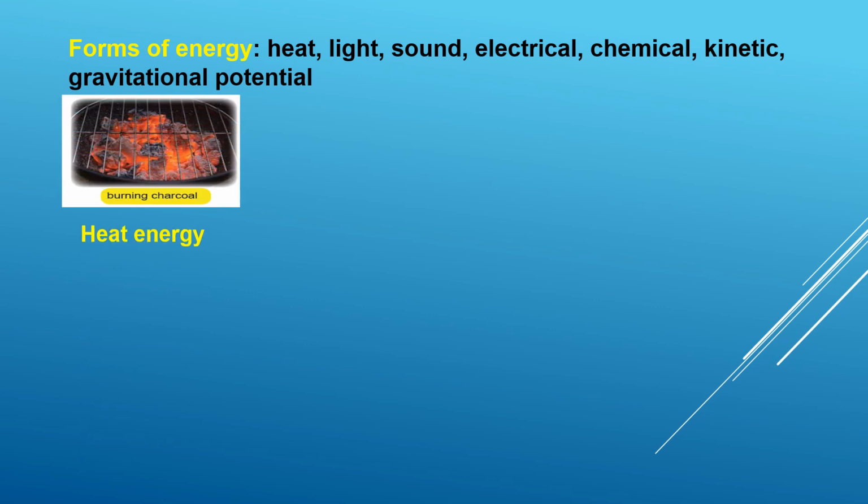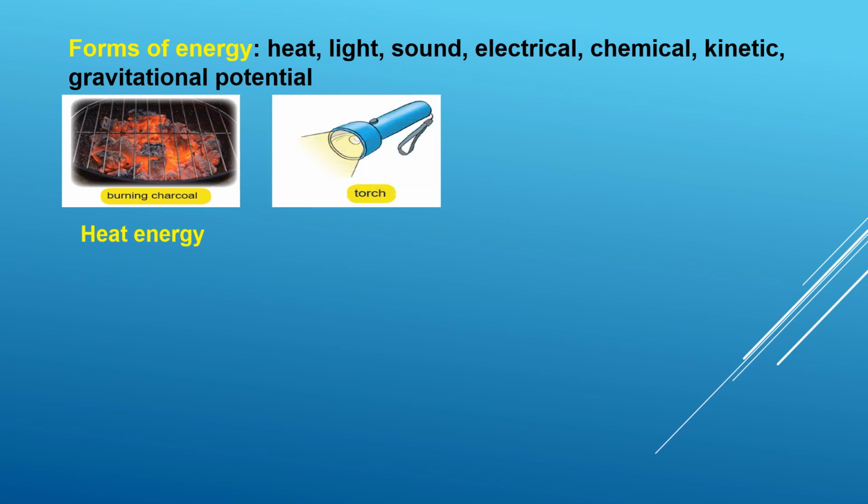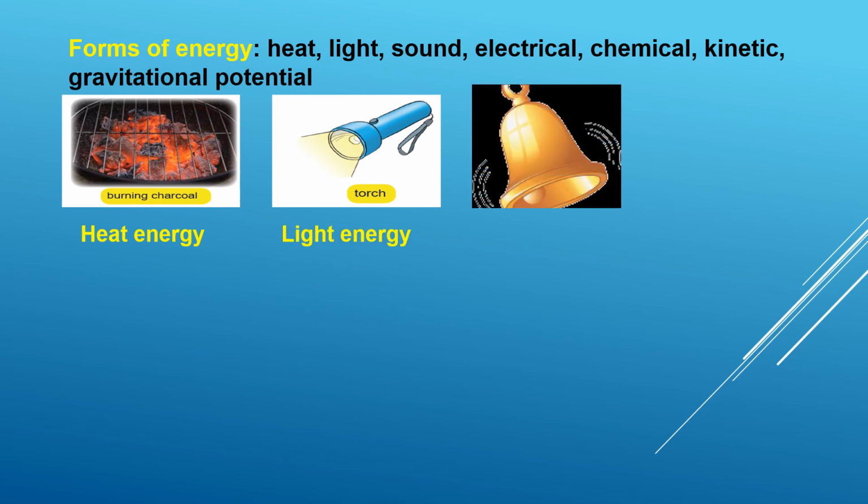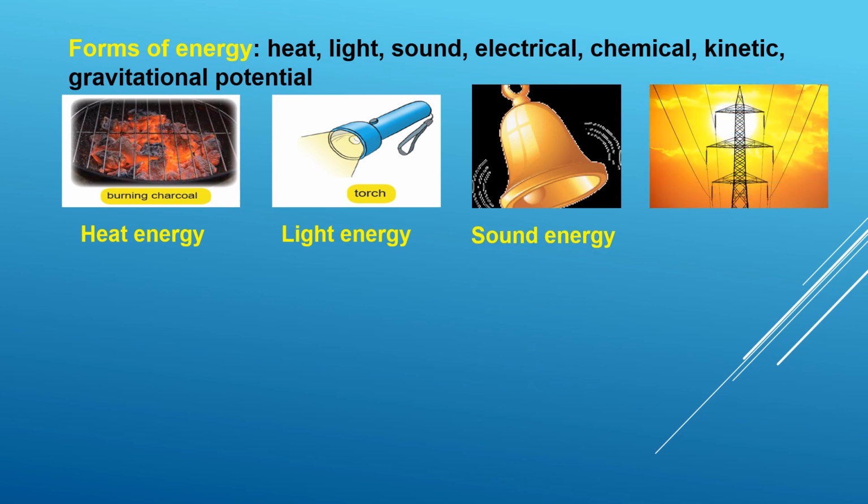The burning charcoal gives heat energy. The torch that is lit gives light energy. The bell produces sound energy. Here we can see electrical energy being transported from one place to another.